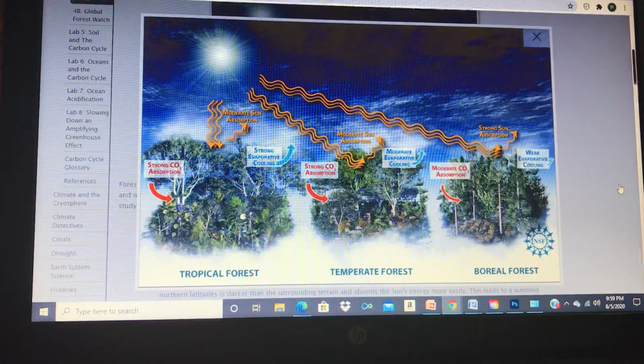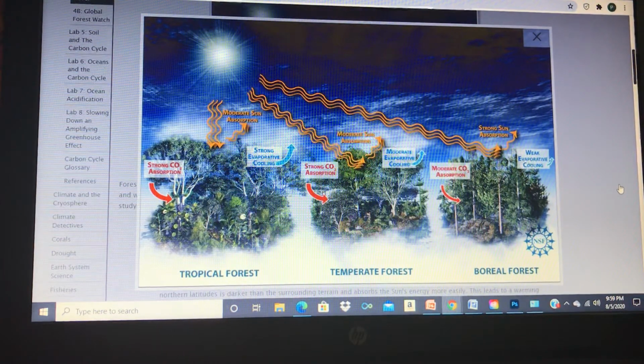Tropical and temperate forests both have cooling influences on the climate through their strong evaporative cooling rates. So they help with our cooling. If we didn't have the tropical and temperate forests, it would be a lot hotter in our world.